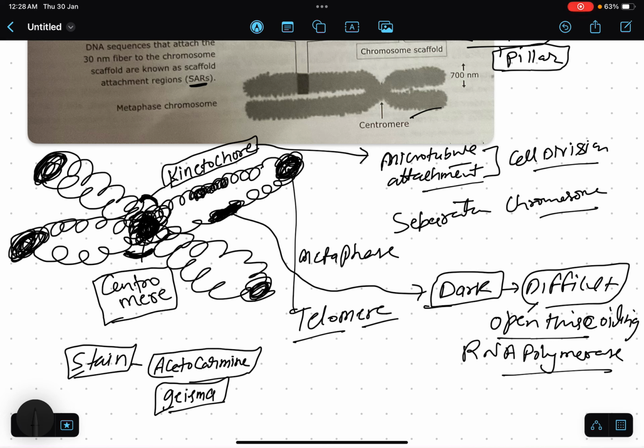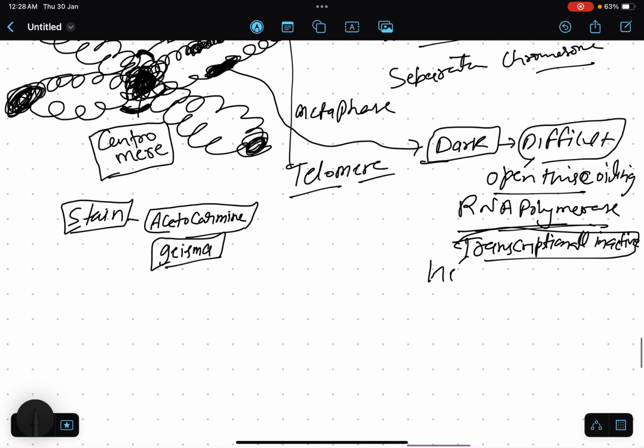So such a region which is dark stained and very difficult to open is known as transcriptionally inactive, or we can say it is heterochromatin.